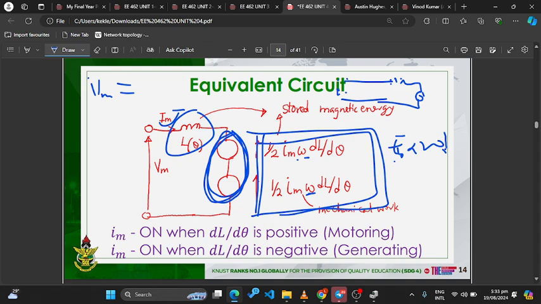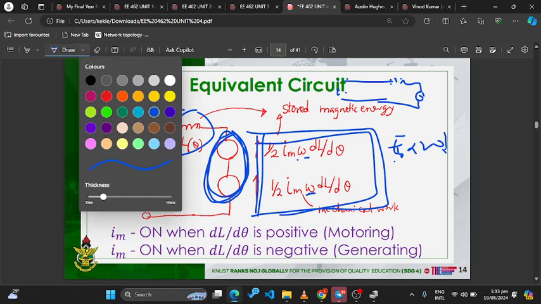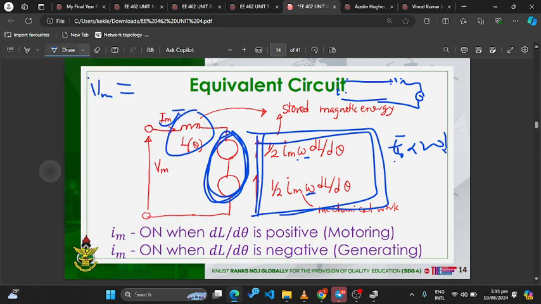Because at the end of the day, VM is equal to L di/dt, plus, if you add these two, i omega dL/dtheta.